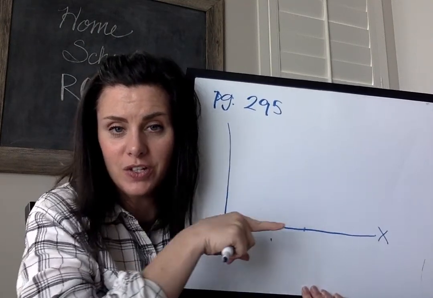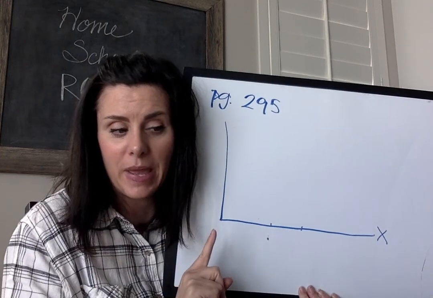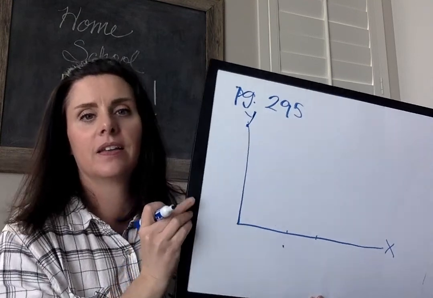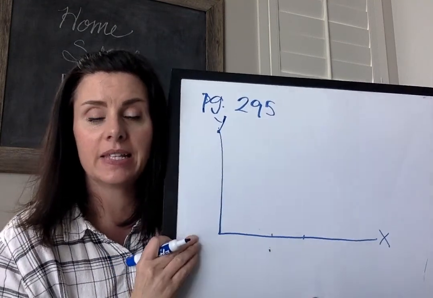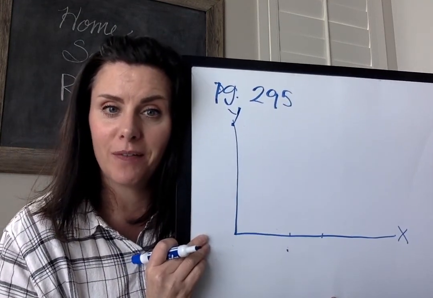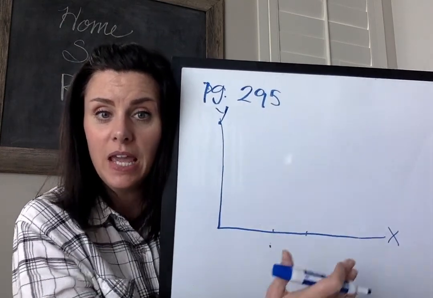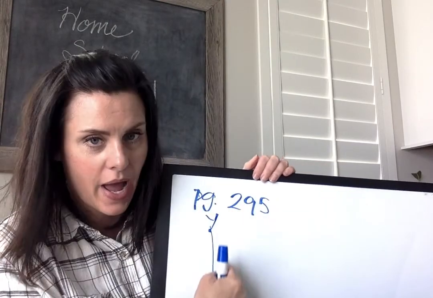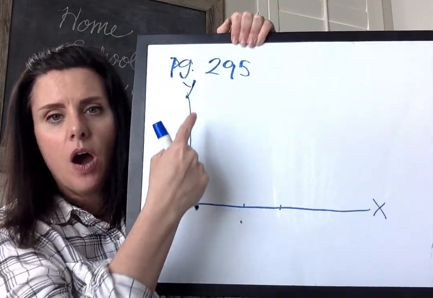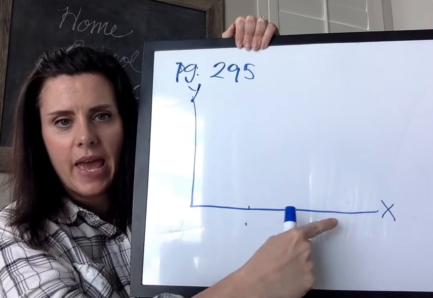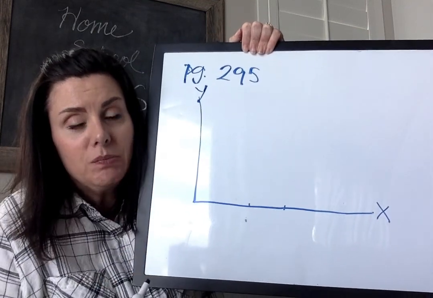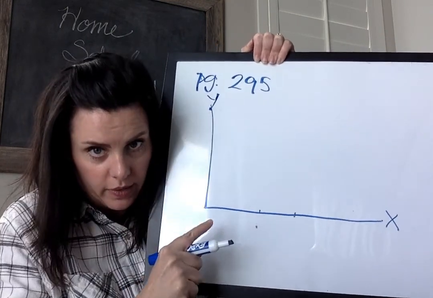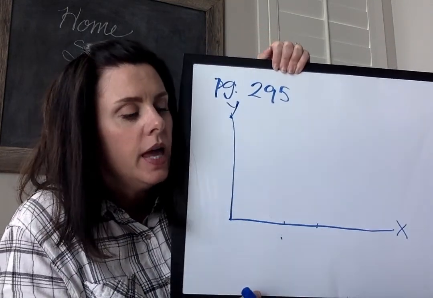X is our horizontal line, and this Y line is our vertical line. It goes up and down. Okay, so this is the beginning of our graphing right here. So we've got our Y-axis and our X-axis. And that just means basically our X line and our Y line, okay? So let's keep going.